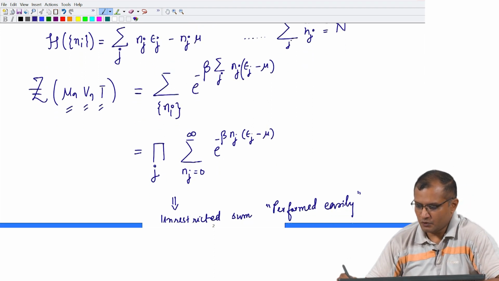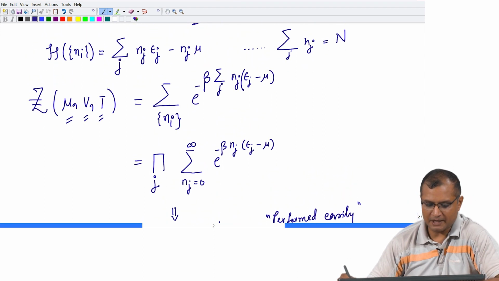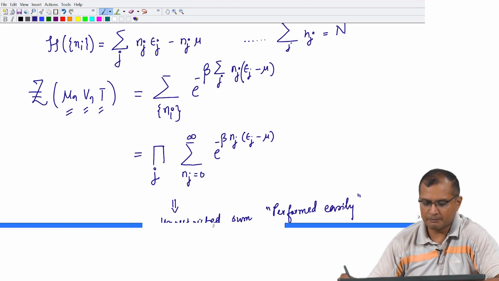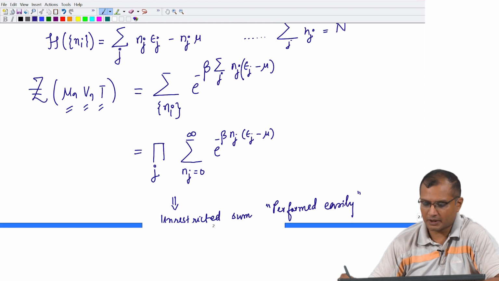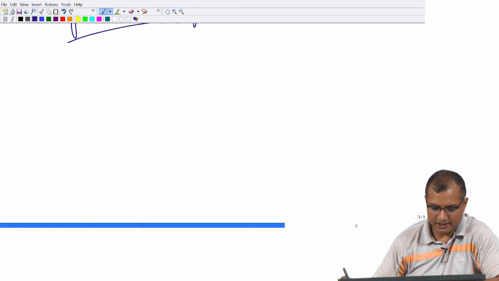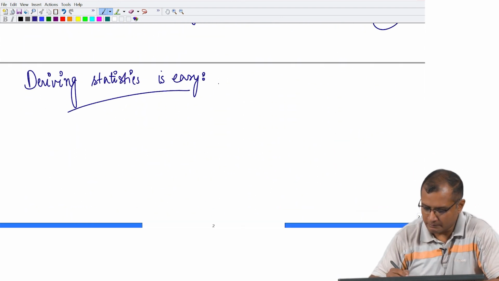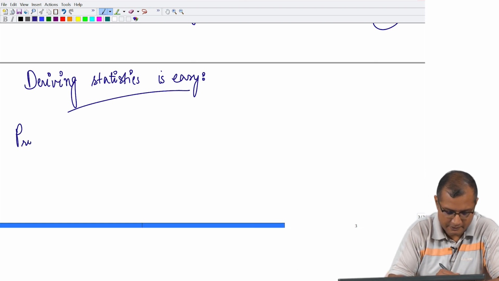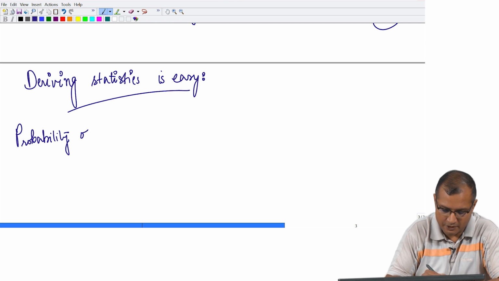Okay. If I know the partition function, then certainly I know the probability of finding a microstate.